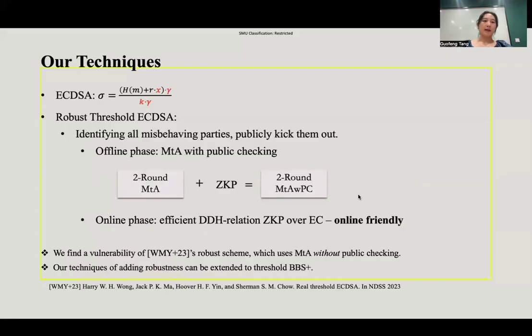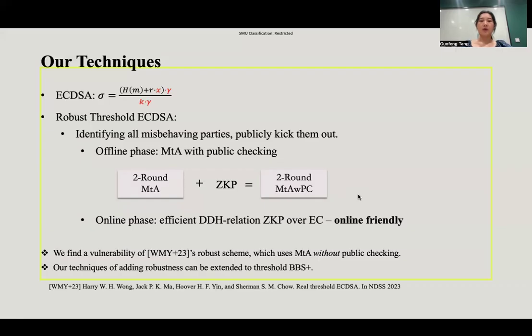Also, for robustness, we need to identify all misbehaving parties to publicly kick them out. In the offline phase, we construct MtA with public checking, where public checking is necessary because we find a vulnerability in the previous WMY+23 robust scheme, which uses MtA without public checking.